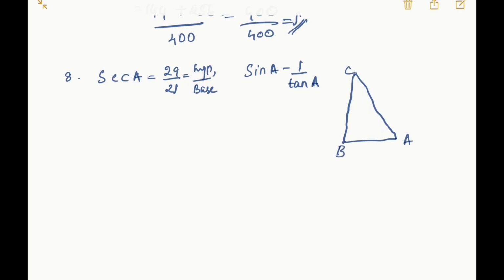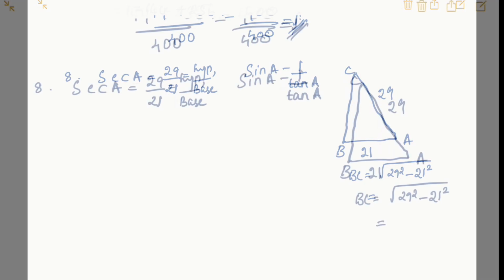A, B, C. So sec A is 29, that is the hypotenuse for the figure. So 29 comes here. Base for A will be AB, 21. Hope it's clear. Now we need to find out what BC is from the figure. BC equals root of 29 square minus 21 square.